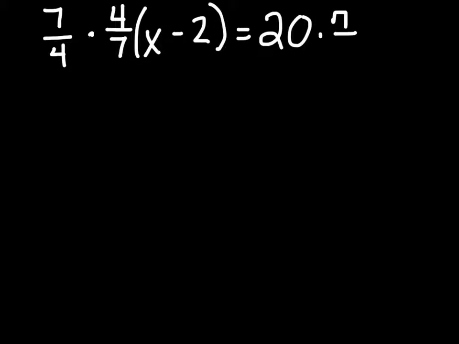What are these two 7s going to do? They cancel each other out. And what are these two 4s going to do? They cancel each other out. So what am I left with on this side? The quantity x minus 2 equals 20 times 7 over 4. So we're going to stick with that for right now.